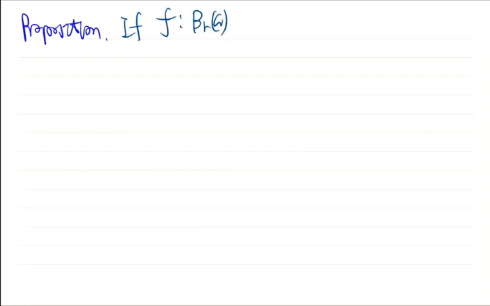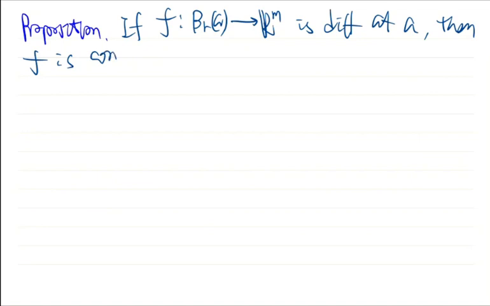So, proposition: if f is differentiable at the point a, then f is continuous at a. The proof is easy.